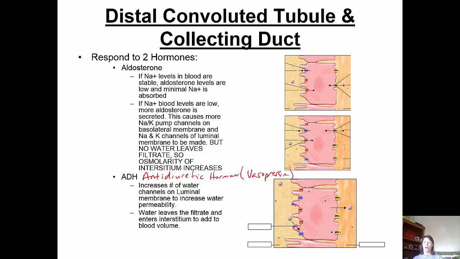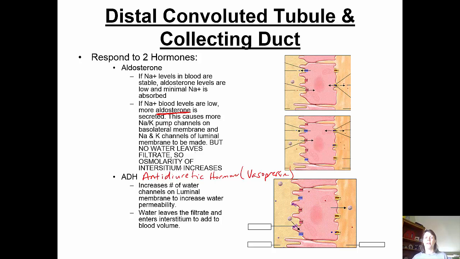So if the body's homeostasis of sodium content is normal, aldosterone levels are low. However, if sodium levels decrease, and what would cause something like that? Probably sweating, because you know that your sweat is pretty salty. So if your salt levels are low, aldosterone is going to be secreted. And aldosterone is secreted by, I believe, the adrenal gland.